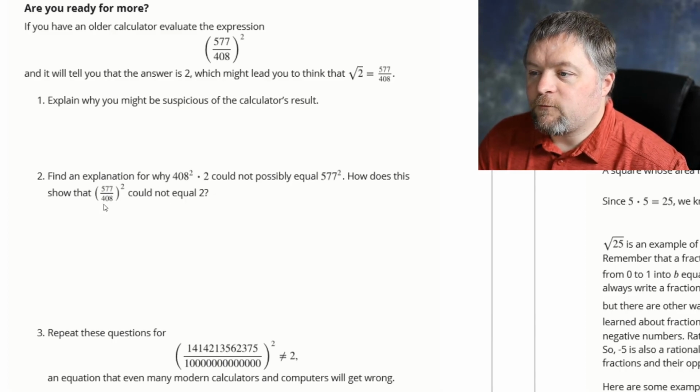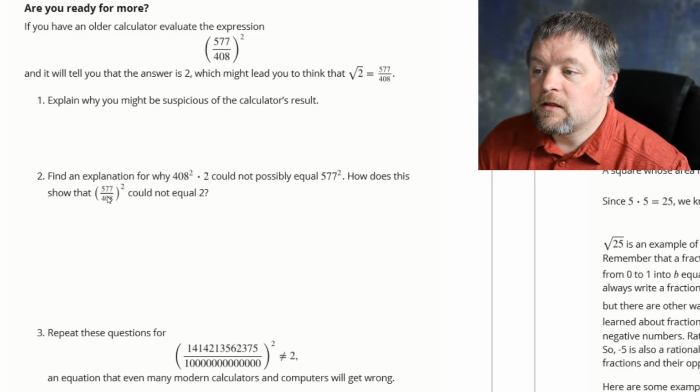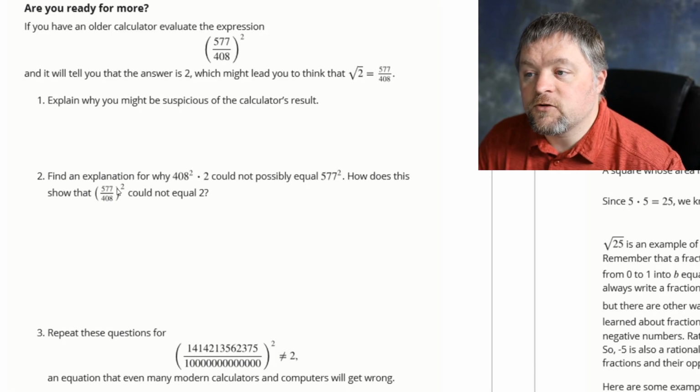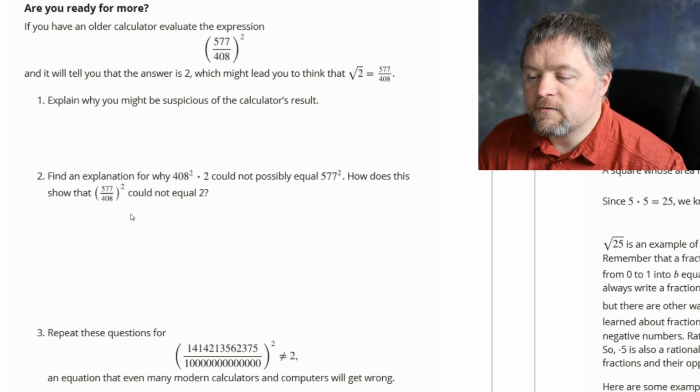Well, if we square the bottom and square the top of this fraction, for this to be equal to 2, the bottom squared would have to be half of the top squared, because for this to be a fraction, it would have to be equal to 2 over 1.